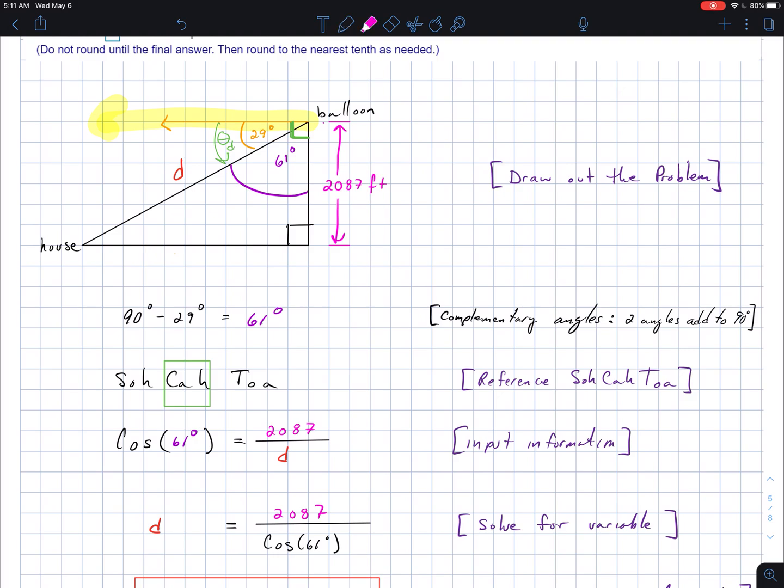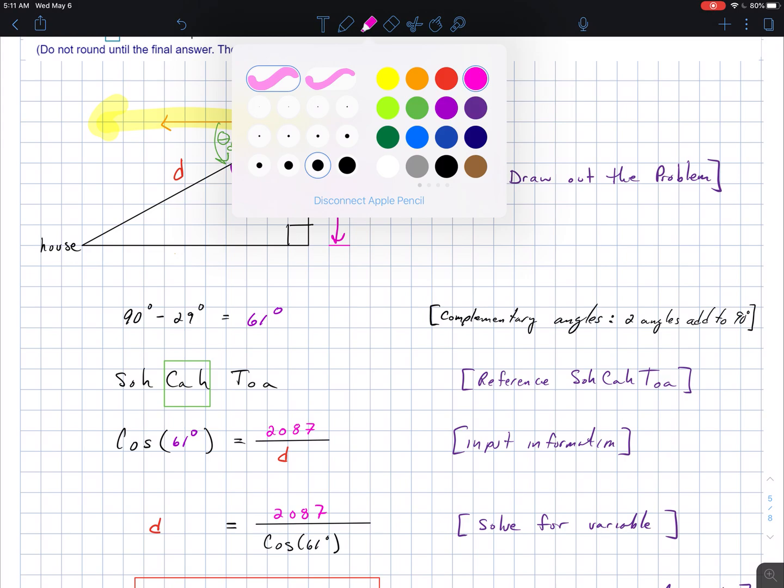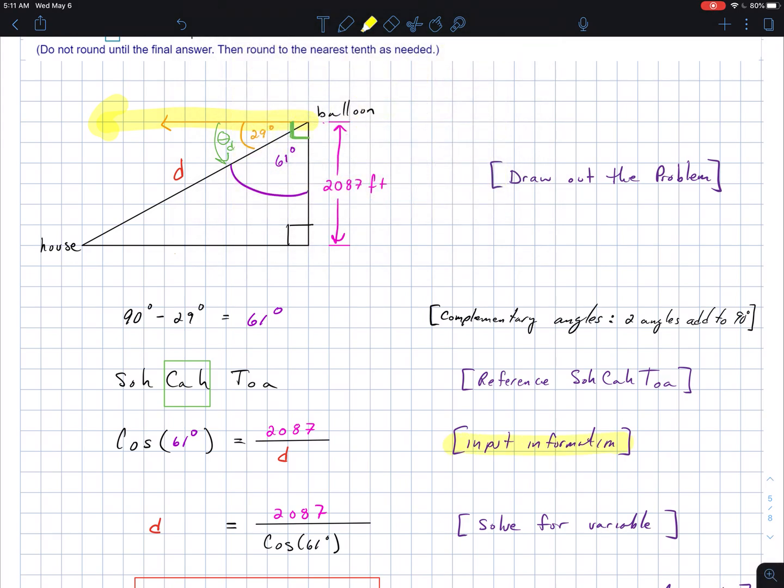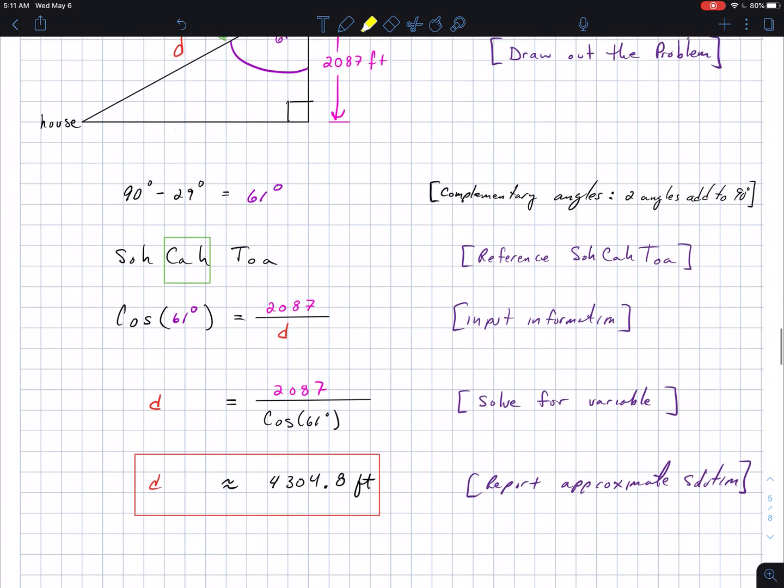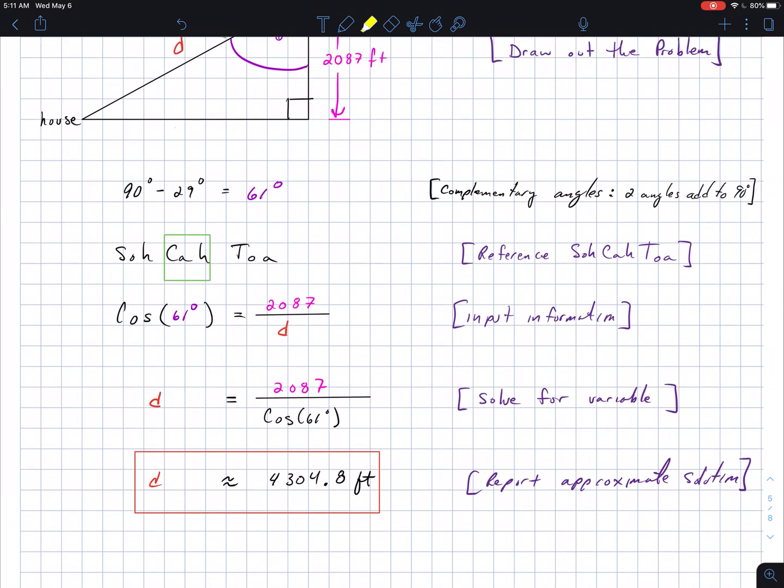So again, all we did was we input the information, and then we began to solve. Okay? And I solved for the variable very easily. If you haven't caught on just yet, I'm multiplying by d and I'm dividing by the cosine of 61.